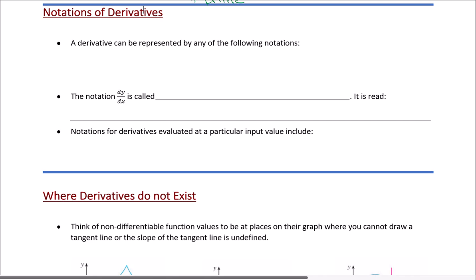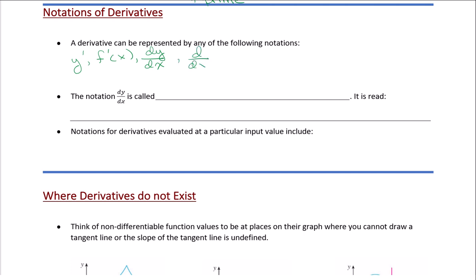There are several different notations for the derivative. You may see it as y prime or f prime of x, dy over dx, or d over dx of a function, say f of x.